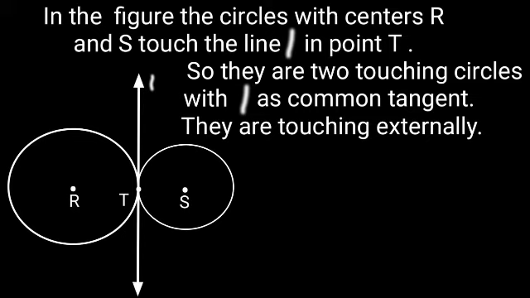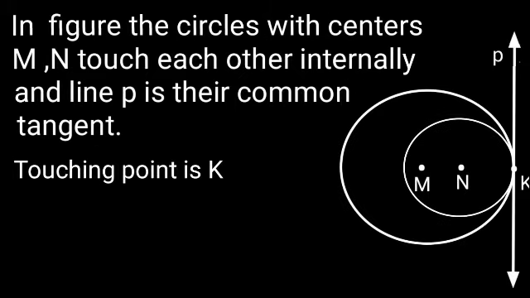They are touching externally. In the figure, the circles with centers M and N touch each other internally and line P is their common tangent. The touching point is K.